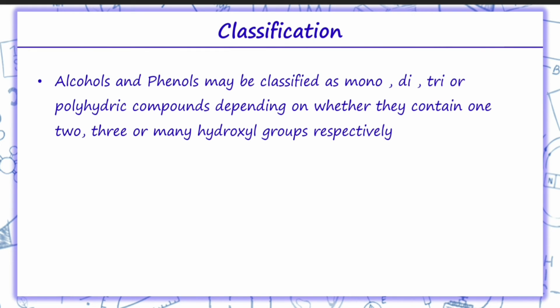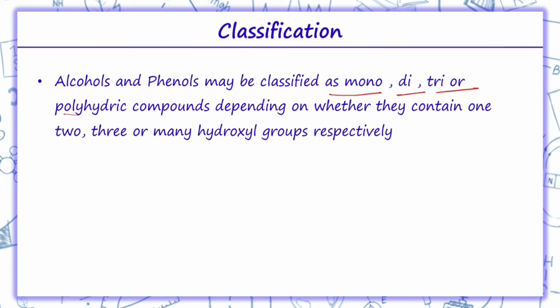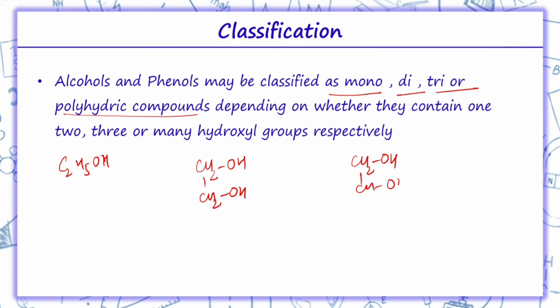Alcohols and phenols may be classified as mono, di, tri or polyhydric alcohols depending on whether they contain 1, 2, 3 hydroxyl groups. Like we have C2H5OH, this is a monohydric alcohol. Similarly, we have CH2OH, CH2OH, dihydric alcohol. CH2OH, CHOH, CH2OH, 3 hydroxy groups are there, trihydric alcohol.